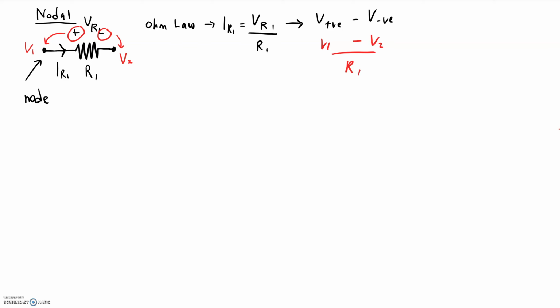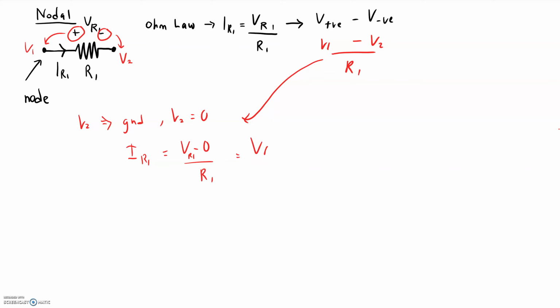And sometimes V2 is ground. When V2 is ground, it means that V2 is equal to 0. So by reference to these equations, V2 will be 0. Therefore, IR1 will become V minus 0 over R1.